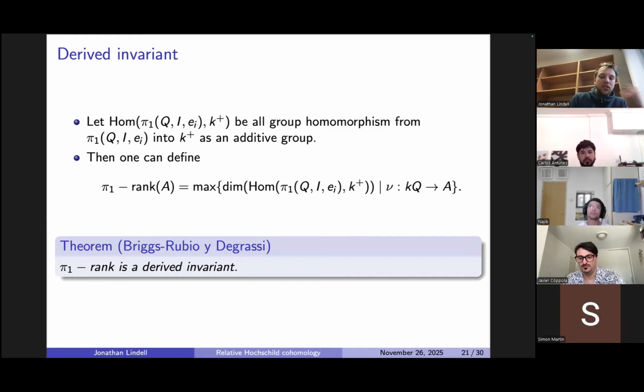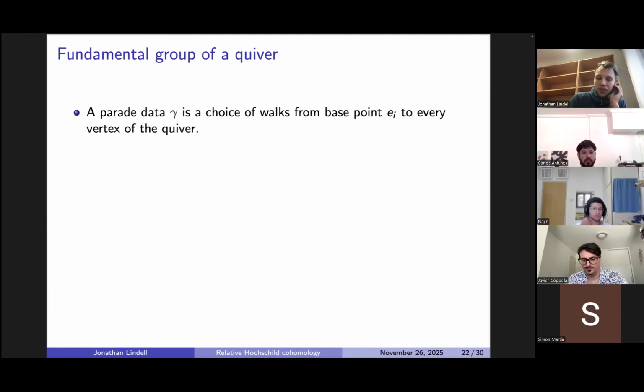Okay, but what is the connection with Hochschild cohomology? To define this, we need one more definition. A path datum gamma is a choice of walks from our fixed base point to every vertex of the quiver.